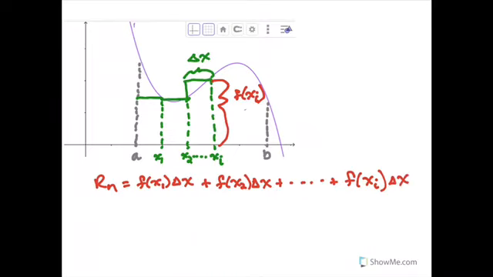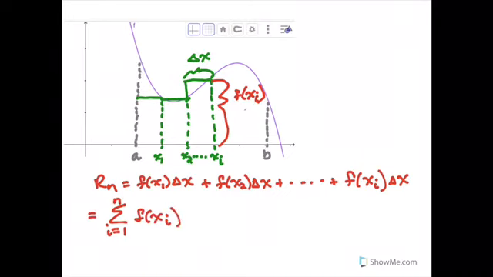And we can write this using summation notation. So I can say this is the sum from i equals 1 to n of f of x sub i times delta x.